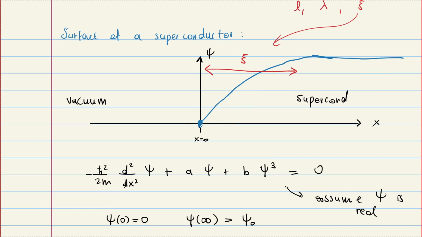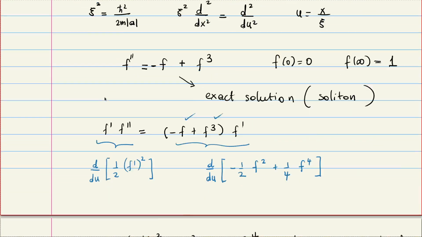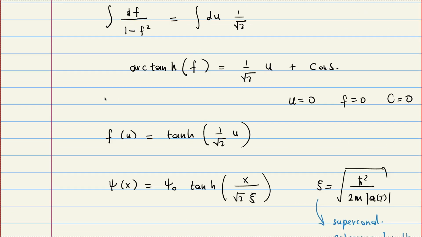Once you have this surface, there is a cost because this gradient is going to increase your energy, and the system, if it has a boundary, has to pay for this surface. Suppose you have a bulk and you want to form a surface like this, you have to pay this energy. It's energetically unfavorable to have these surfaces, but it can be entropically favorable in some cases, which doesn't concern us at the moment.